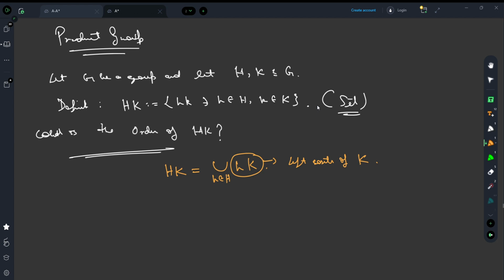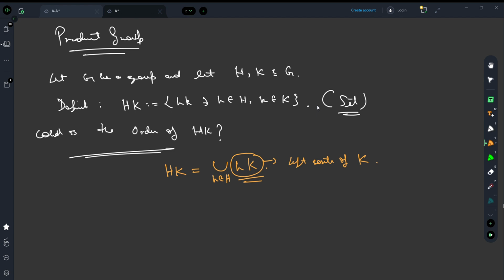Now the obvious question that arises from here is that if I sum over these elements, that is, if I consider the number of distinct left cosets of K using the elements h, then I'll get the number of elements in HK. But there's a slight glitch here because the elements might repeat, like two cosets might have the same representative.